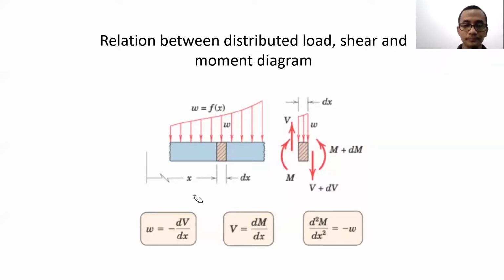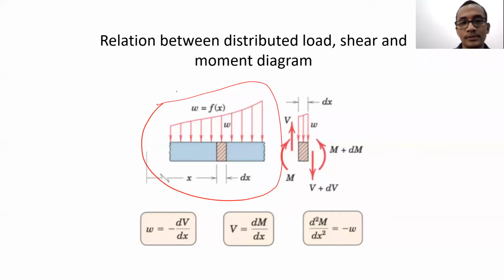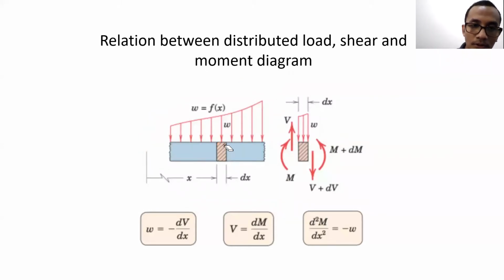Why? Because this is like a general case. One of the general cases when we have a distributed force, and this particular small element is the thing that we try to analyze. If we do a section on this particular element on the left of it and the right of it, this is what we will get.